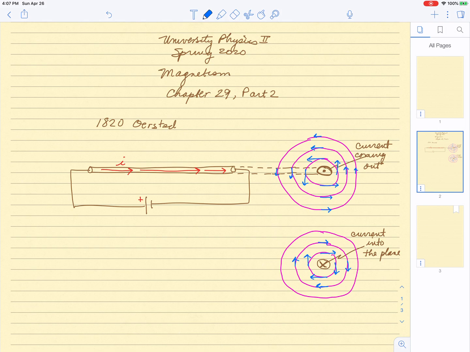Remember, just by contrast, if we were to go back and look at a line of charge, so look at a material that has positive charges embedded in it, so these are electrostatic. They're not moving. This is not a current. These are charges that are stationary and embedded in this wire.